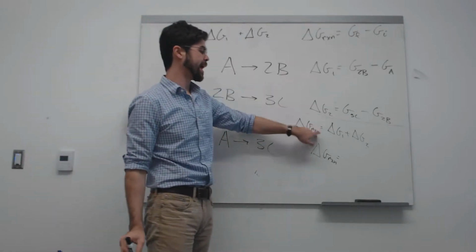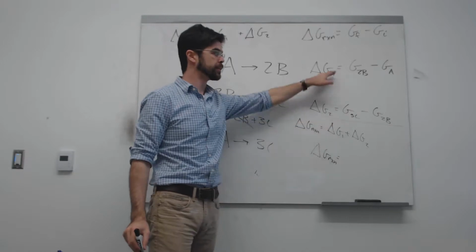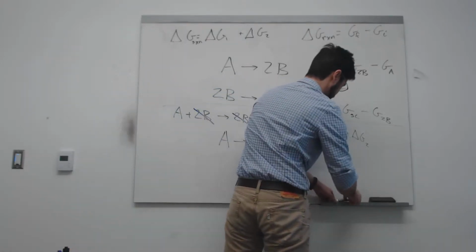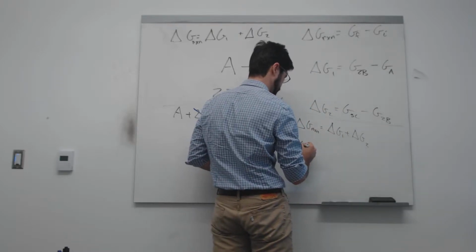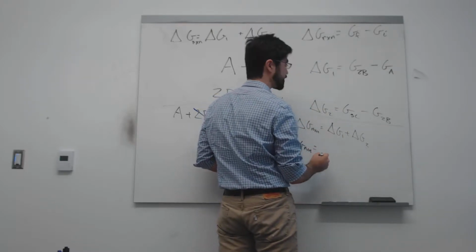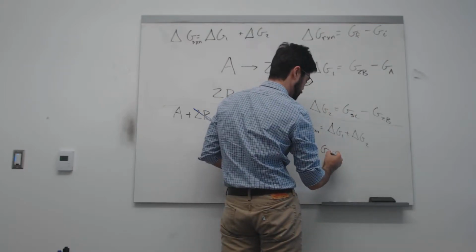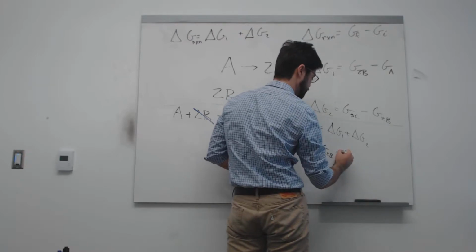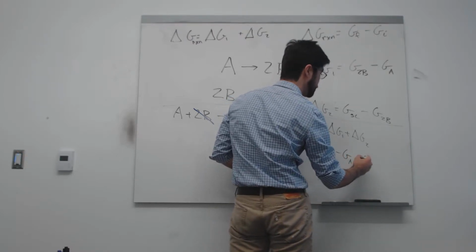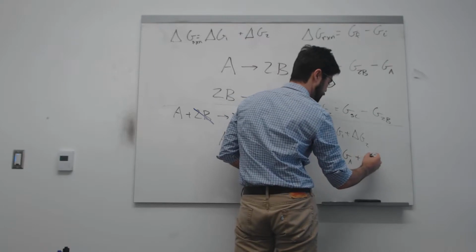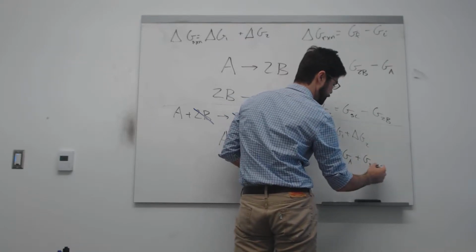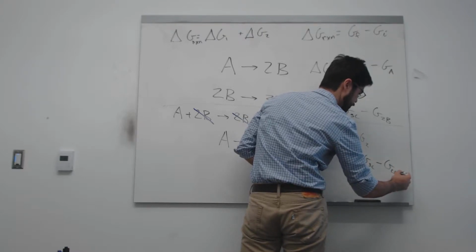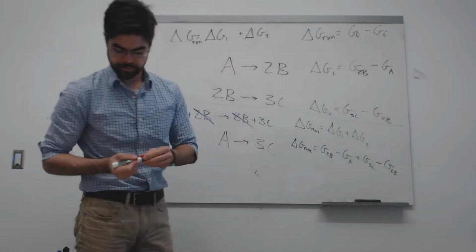Now I'll just add these free energies together, and we'll see what we get here. So I predict then that the delta G of this reaction should be G of 2B molecules, minus the free energy of the A molecule plus the free energy of the 3C molecules minus the free energy of the 2B molecules.